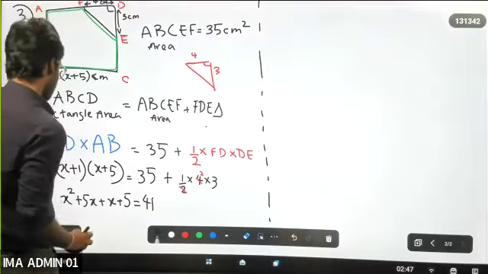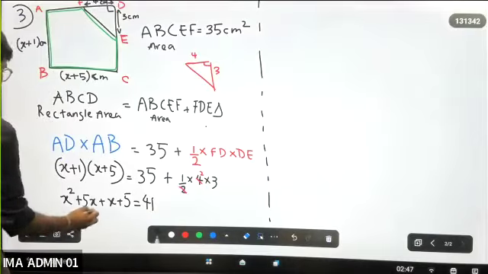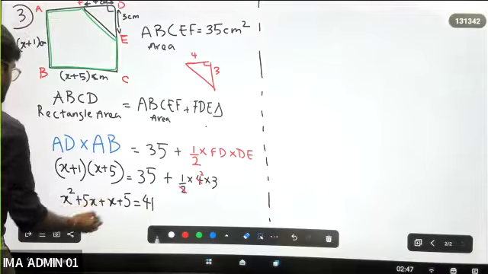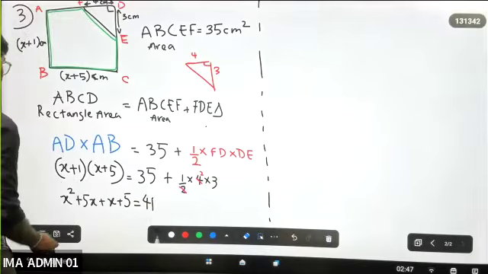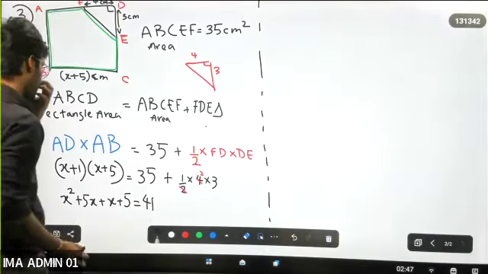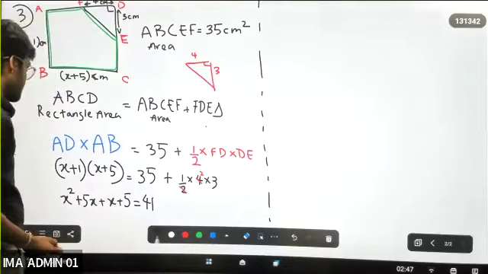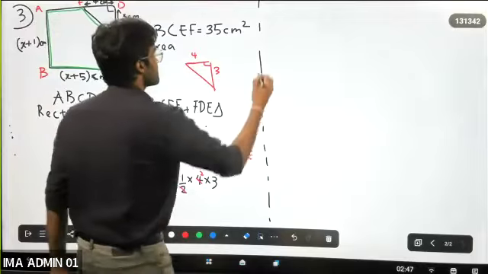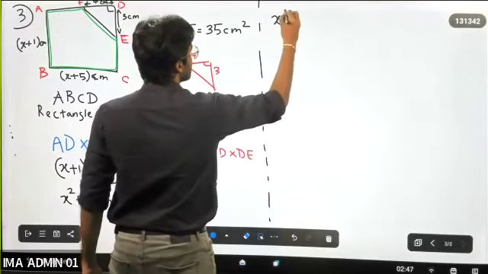Right. So if we get this 41 to this side, it's minus 41, right? And here we have this x squared. 5x plus x is 6x. I think the desired result is on the way.